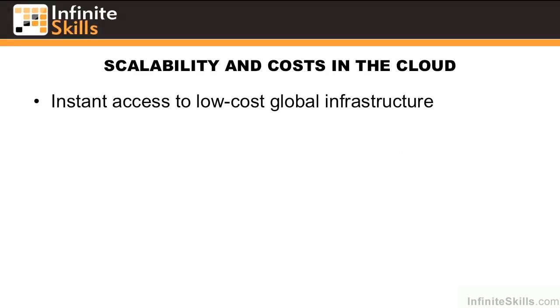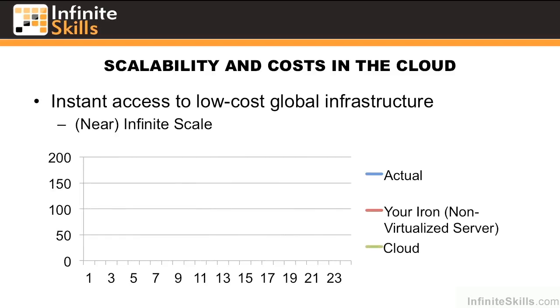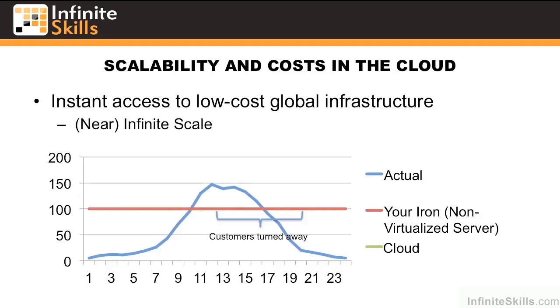Another great benefit of low-cost global infrastructure is access to near infinite scale. Let's say, for example, in this graph, that the left-hand axis represents your percentage of capacity. The unfortunate thing is your iron or your data center may not have enough capacity to fulfill that at all times, in which case you max out your capacity and you're turning customers away for a period of time.